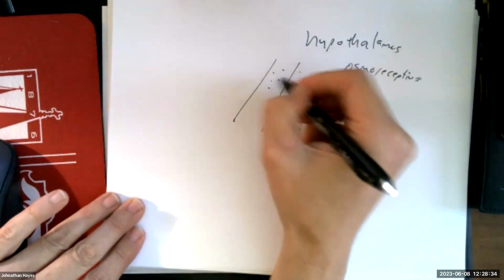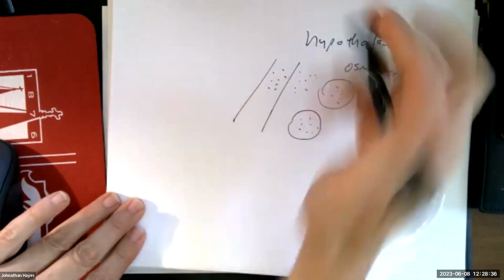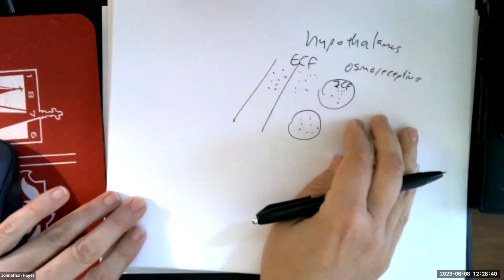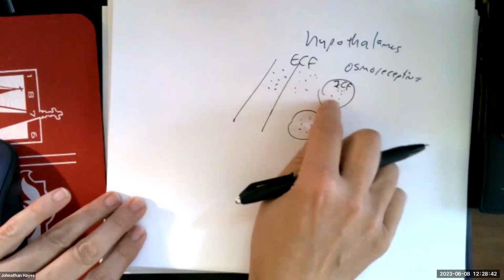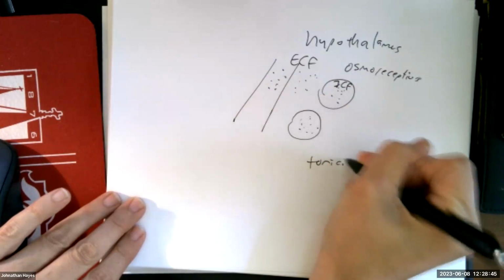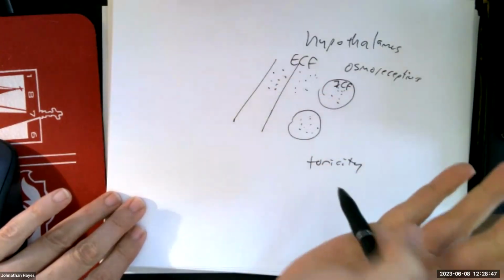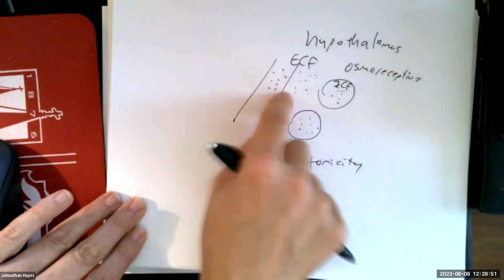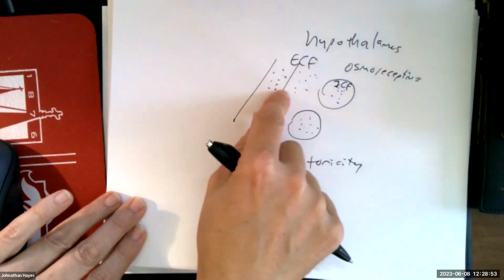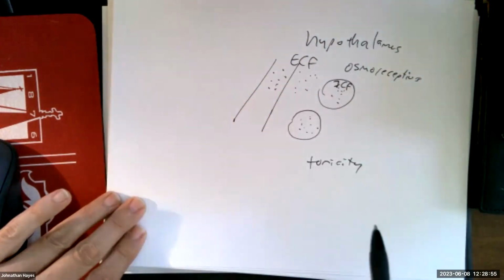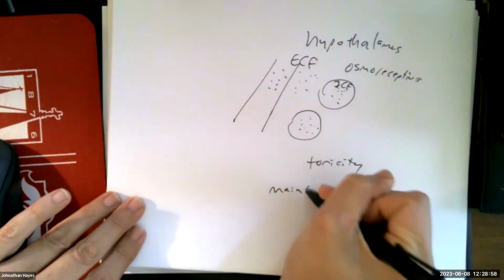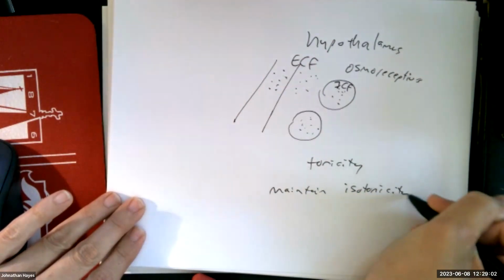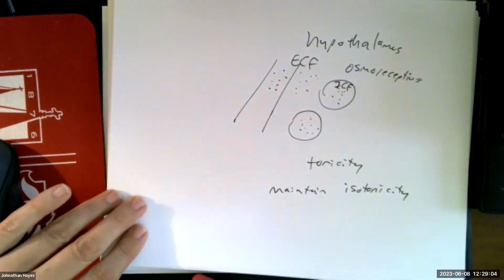So this is all ECF, and this is ICF. To maintain proper tonicity of cells, we like to have relatively equal amounts of solute to fluid concentration outside of cells as we do inside of cells. We're trying to maintain isotonic environments.